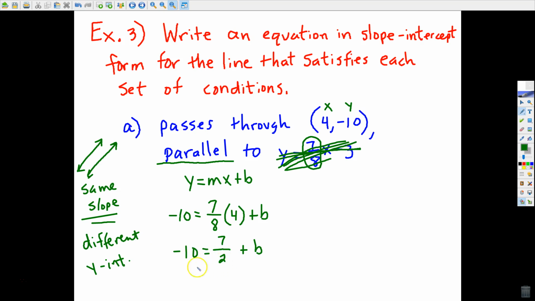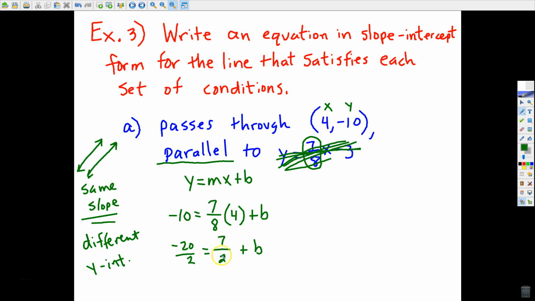And that would just be -20/2. It still equals -10, but now it's a fraction that has the same denominator as 7/2. So I'm just going to change my number -10 to -20/2. Okay, hopefully that makes sense.